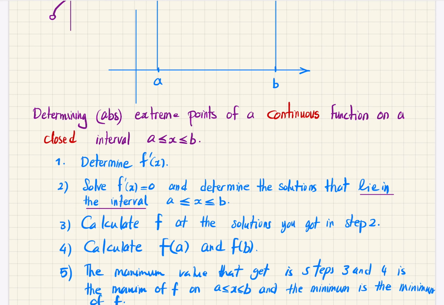Then you calculate the value of f at those solutions. You also calculate the value of f at the endpoints, and then you compare them. The maximum number that you get in these two steps is the highest value, and the lowest value that you get is the absolute minimum. Okay? Any questions?